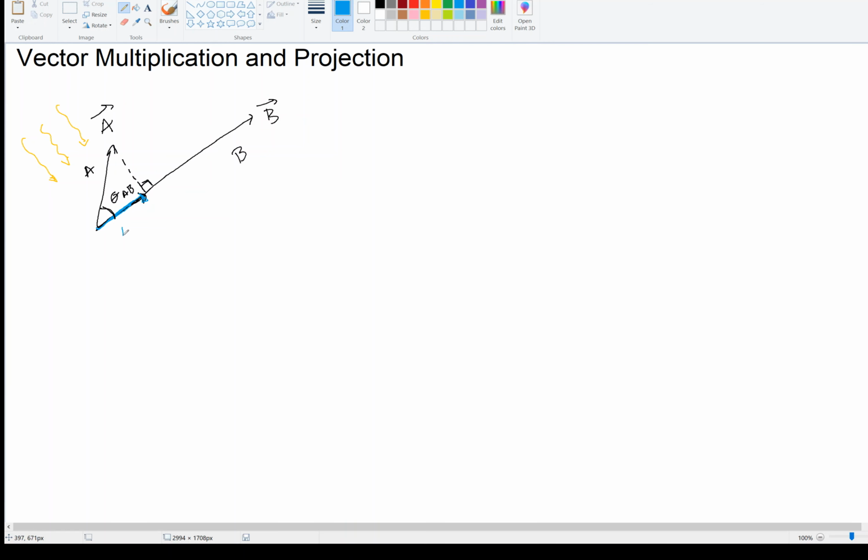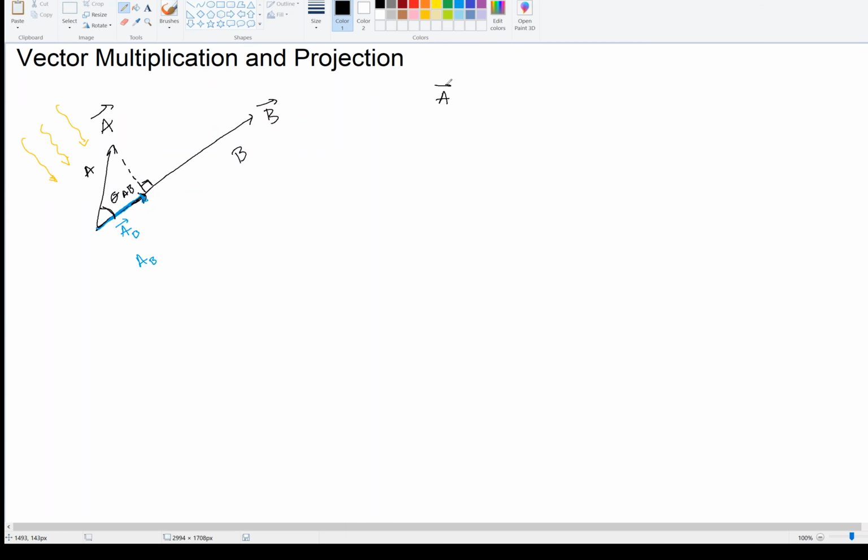The vector projection would be this thing, and we would call it A onto B, A projected on B, so this is A subscript B. And also, so that's the vector projection, and also there is the scalar projection, just the length of that thing, A sub B, like that. So what I can do is leverage the properties of the dot product.